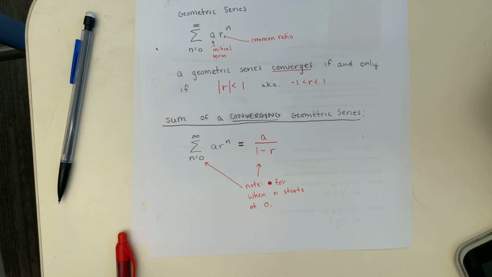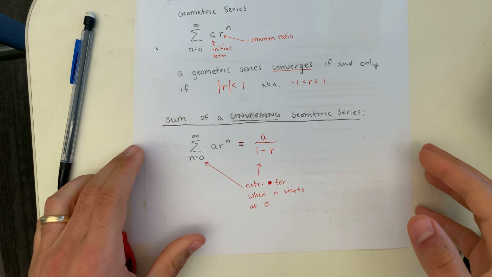So we just have to remember that it finds the sum of all the numbers starting with n equals 0. Okay, so let's get to some practice next.